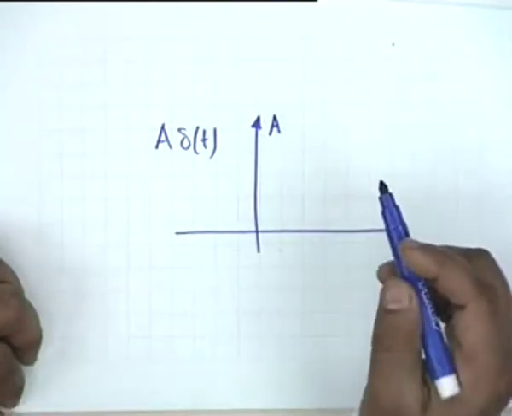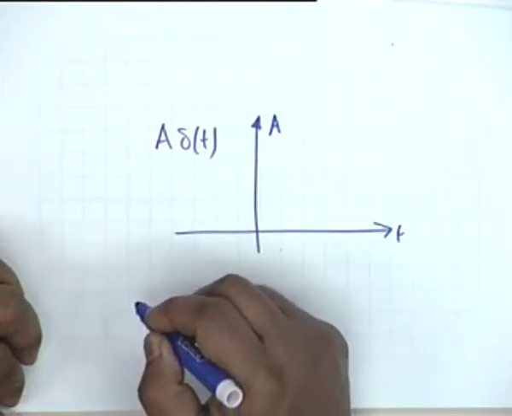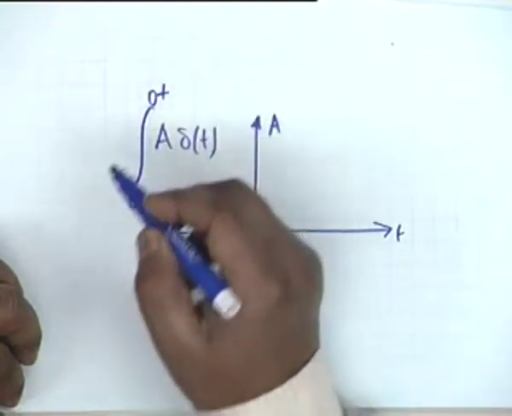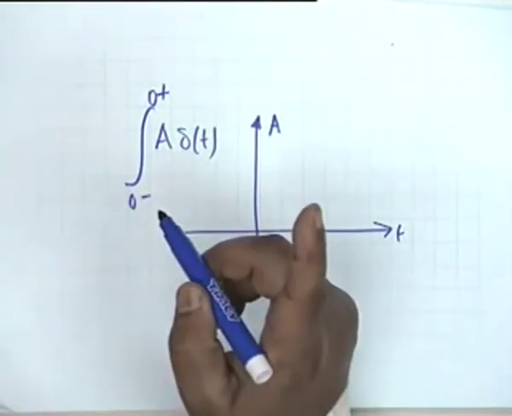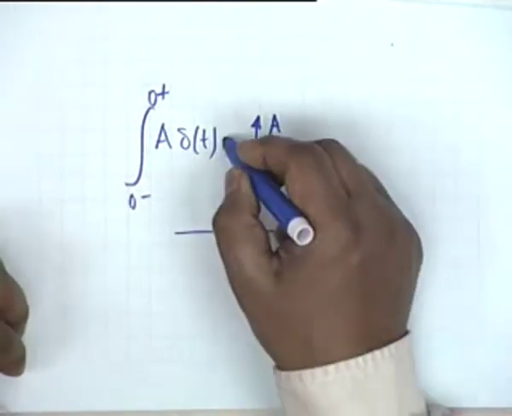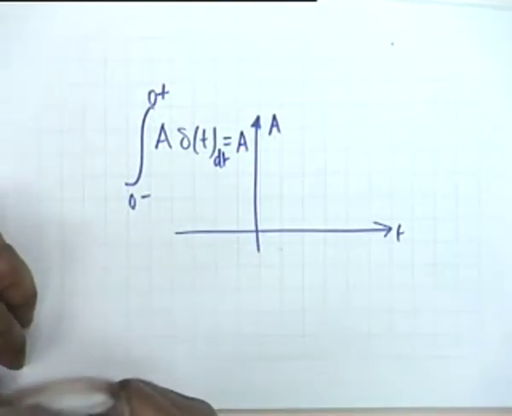This area is also called the strength of the impulse, written by its side, which means that if you integrate this from 0 minus to 0 plus, that is over basically an infinitesimally small interval, then this would be simply equal to capital A. There must be a dt here.